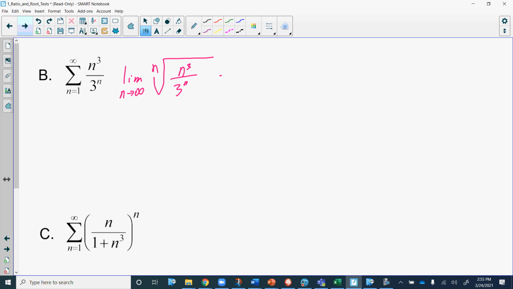When I simplify this, because the numerator isn't raised to the power of n, the radical doesn't undo itself the way it will in the denominator. So this will give me the limit as n approaches infinity of the nth root of n cubed, and in the denominator, the nth root of 3 to the nth power is going to just be a 3.